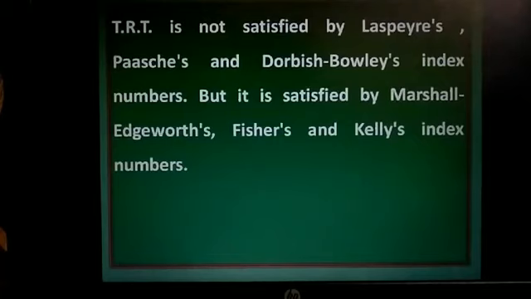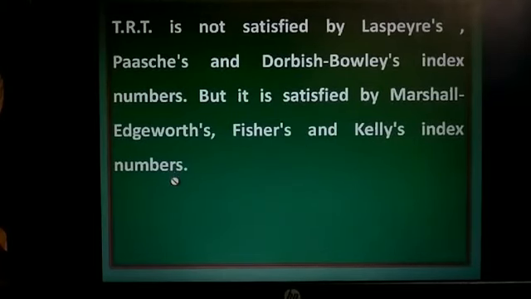First one we studied was the unit test. Second one we are studying is the time reversal test.